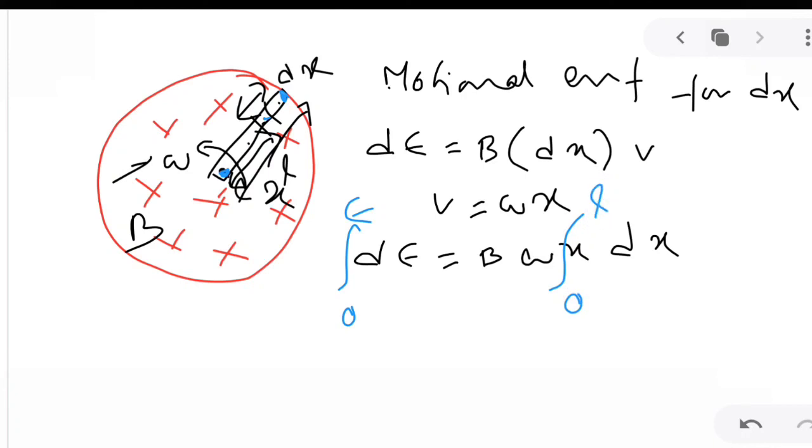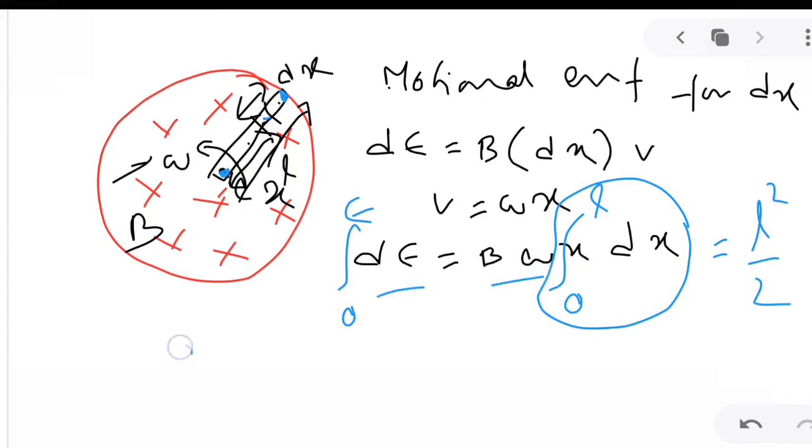If you integrate this quantity, it is equal to L square by 2. So L square by 2 multiplied by this is EMF. So EMF is equal to B omega L square divided by 2.